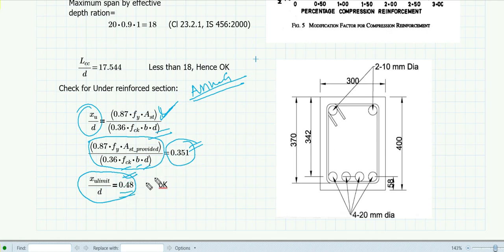As you can see, for this particular section the Xu by d value is less than the limit, so it is okay. So what does it mean? Basically, the stress diagram is something like this.